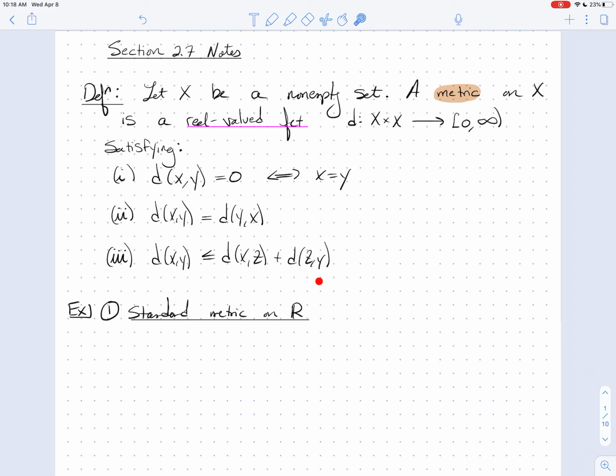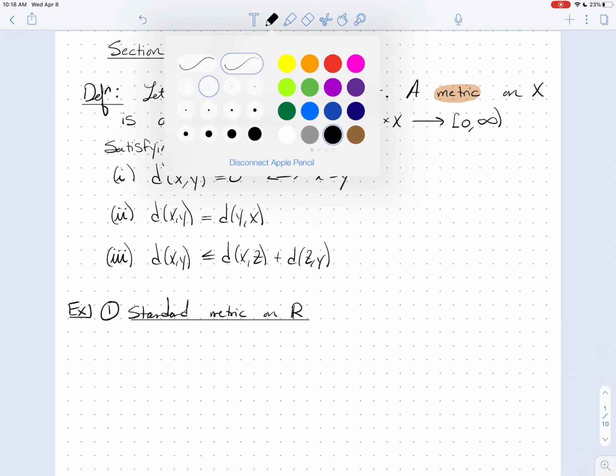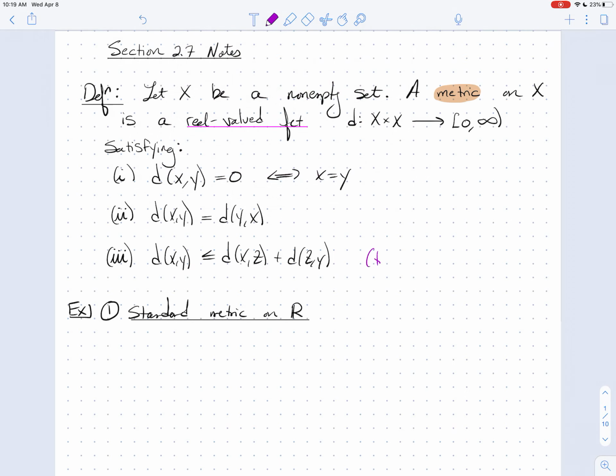I'm looking at x and y, and I've still got those same points x and y on the end, but I am now looking at d of x, z, and then the distance between z and y. And this distance has to be less than or equal to these two. This property is known as the triangle inequality. So that's the definition of a metric.